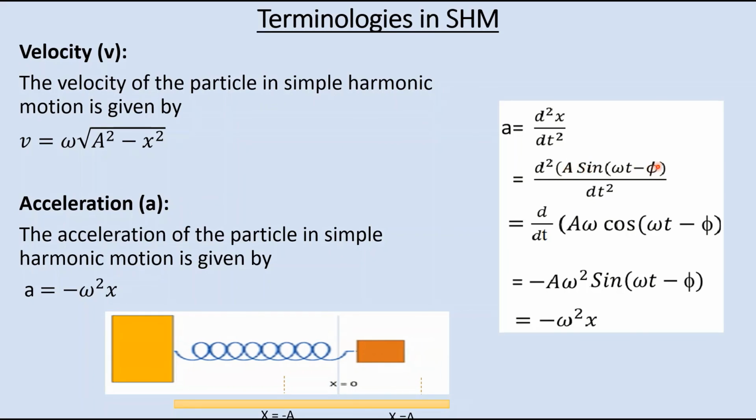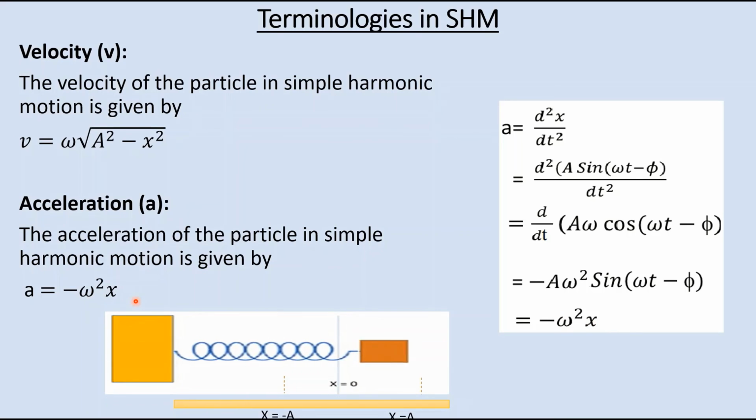Differentiating with respect to t once, you will get A omega into cos omega t minus phi. Differentiating again with respect to t, you will get minus A omega squared into sine omega t minus phi. But A sine omega t minus phi is equal to x. Therefore this is equal to minus omega squared x, or the acceleration a is equal to minus omega squared x.